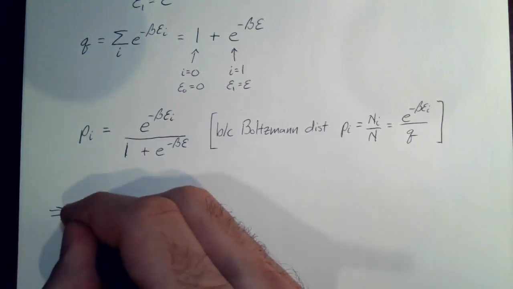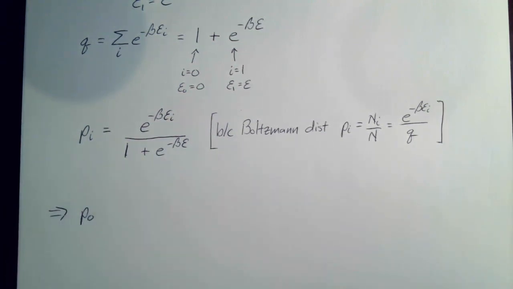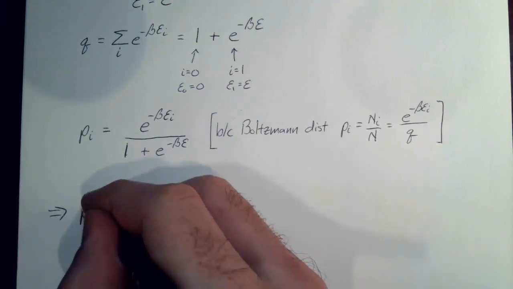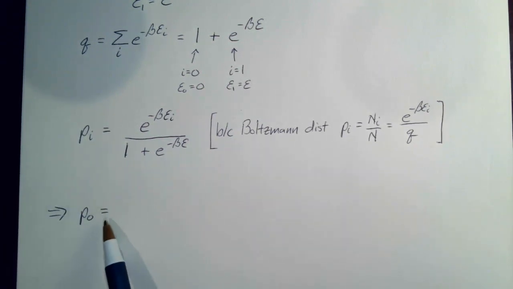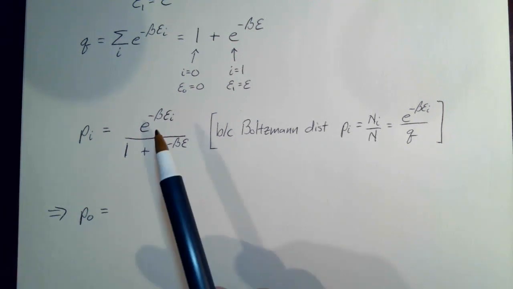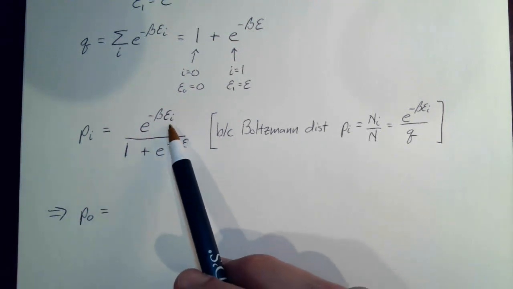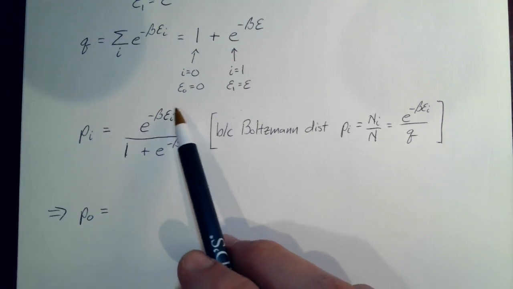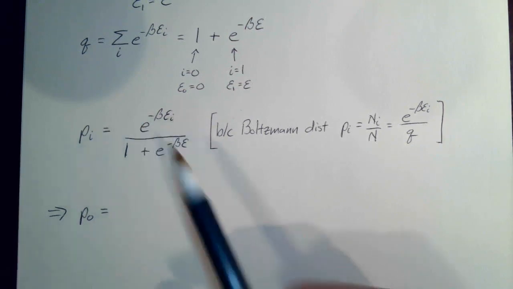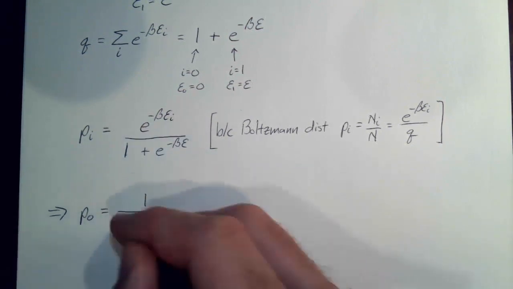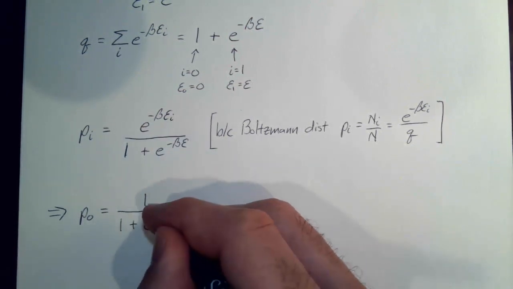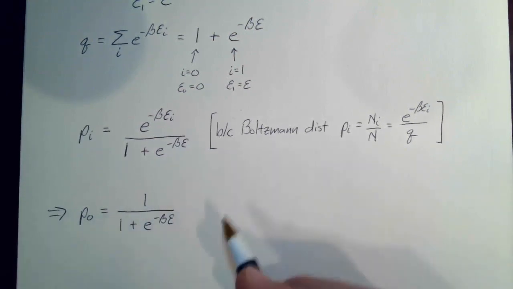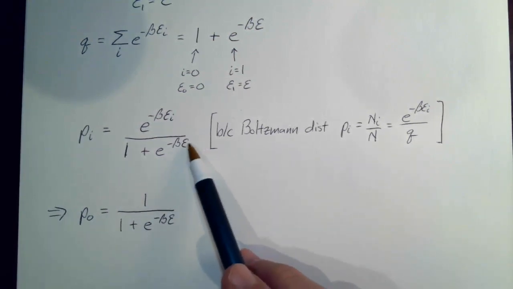So P0, the probability of finding a molecule in state 0, is going to be, well, since epsilon i is 0 in the case when i is 0, the ground state has an energy of 0, then the numerator here just becomes 1. And remember, down here this epsilon does not have a subscript i on it.